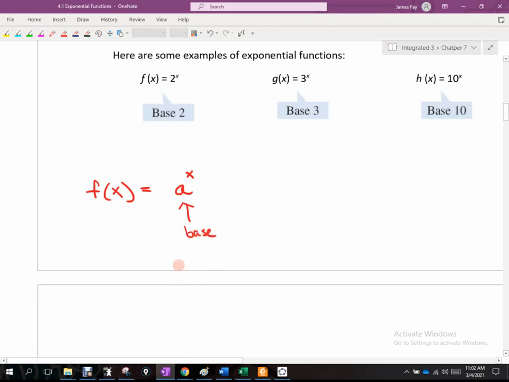Now, what we can do with that eventually, just like what we can do with any other equation, is that we can multiply it by something out in front. We can add or subtract stuff here. We can multiply this x by something out front, and we can add and subtract stuff out here. So we could do a lot to this to change it.